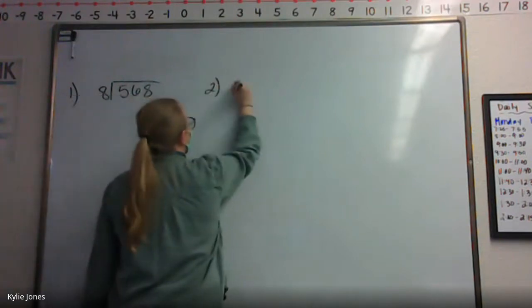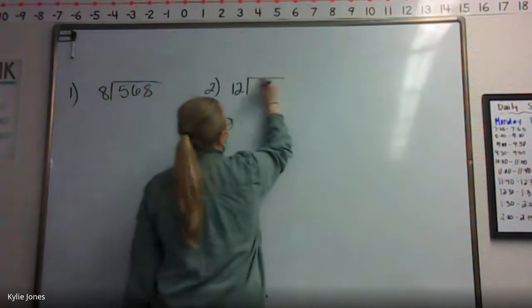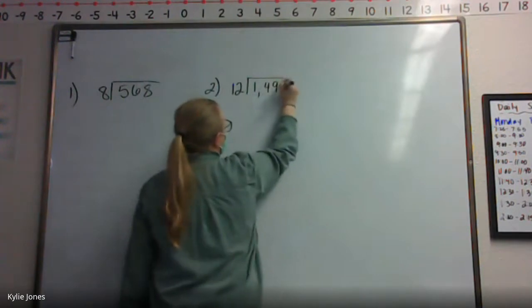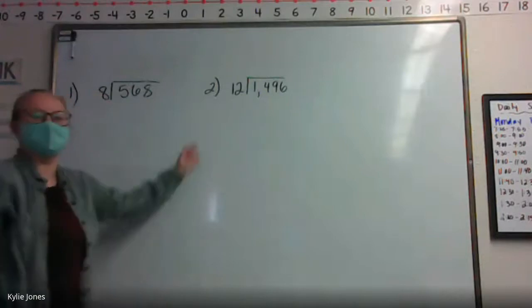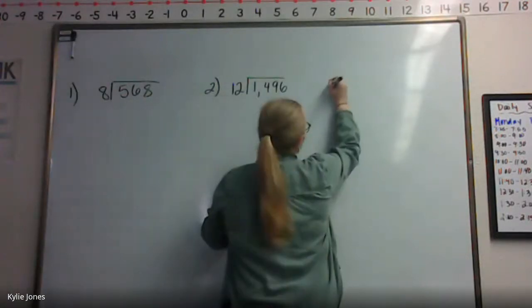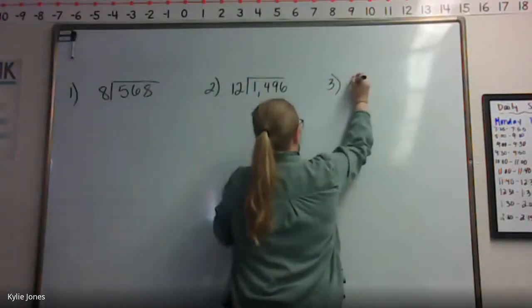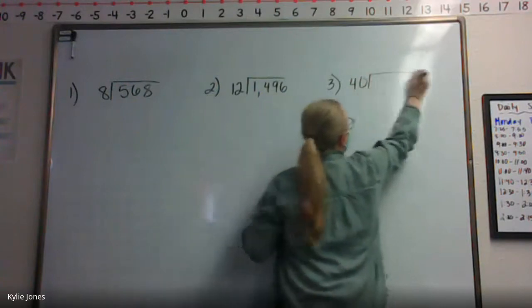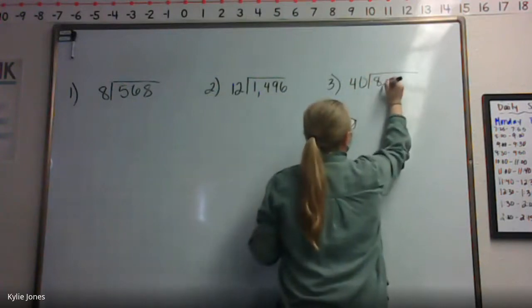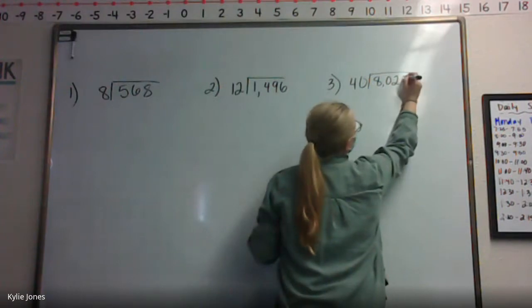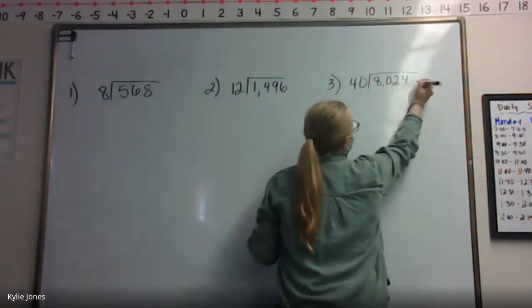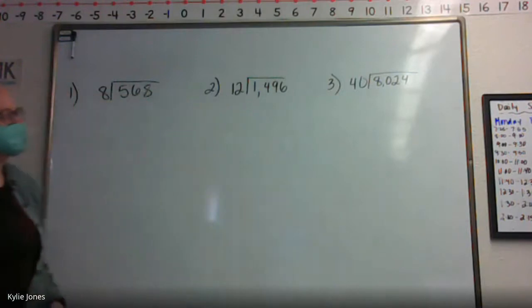Number 2, 1,496 divided by 12. And number 3, 8,024 divided by 40.